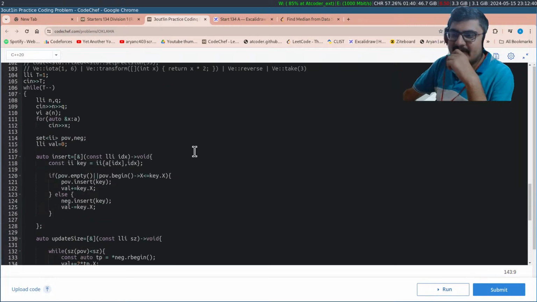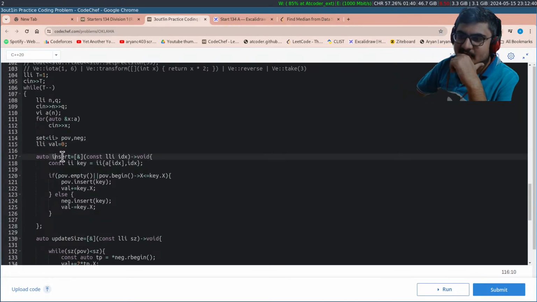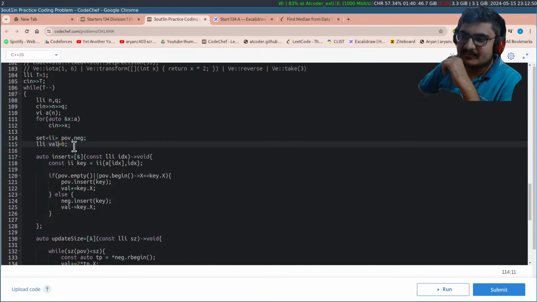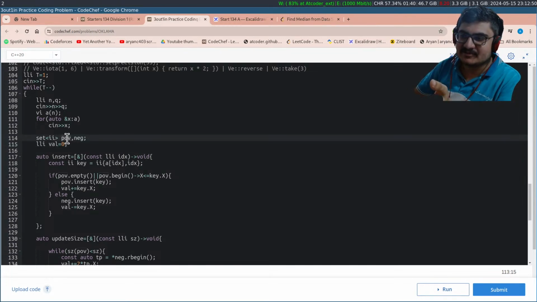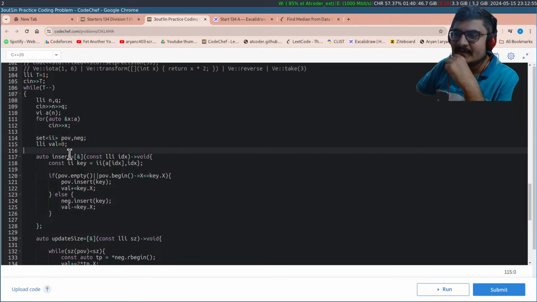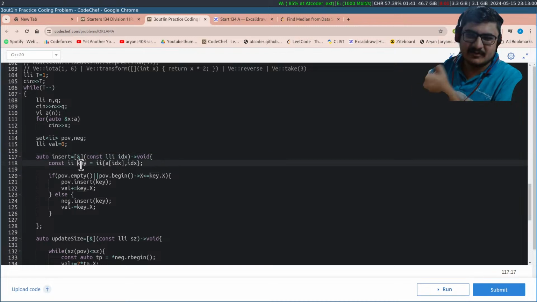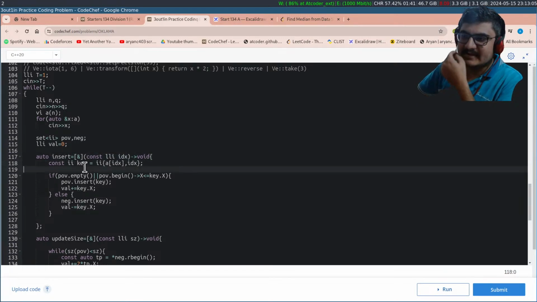Now if I look at the insertion, I have one insert operation, and I have one value v which keeps the sum of all the elements in the positive set minus the sum of elements in the negative set. Now when I am inserting a new element, let's just assume all the elements are distinct. And instead of a priority queue, I am mostly using a set so that getting the smallest and largest values is easy. You can also use a multi-set.